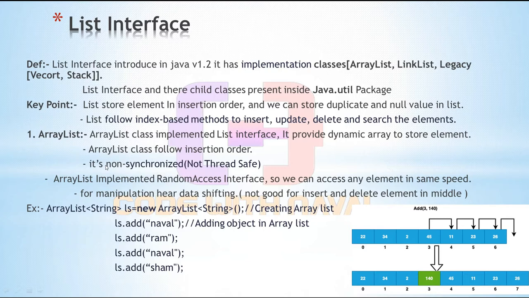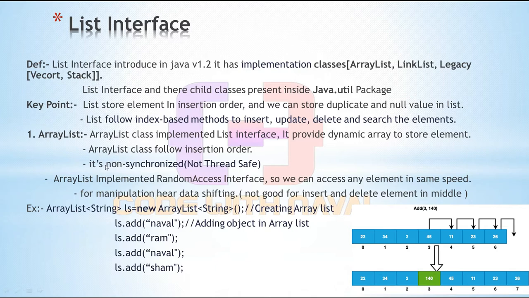I get this first index record in 1 second. And the 10th index, the 1000th index, and even the 1 lakh index record we also get within 1 second. Here, because of random access, we get the same retrieval speed. We can access any element at the same speed because of random access.